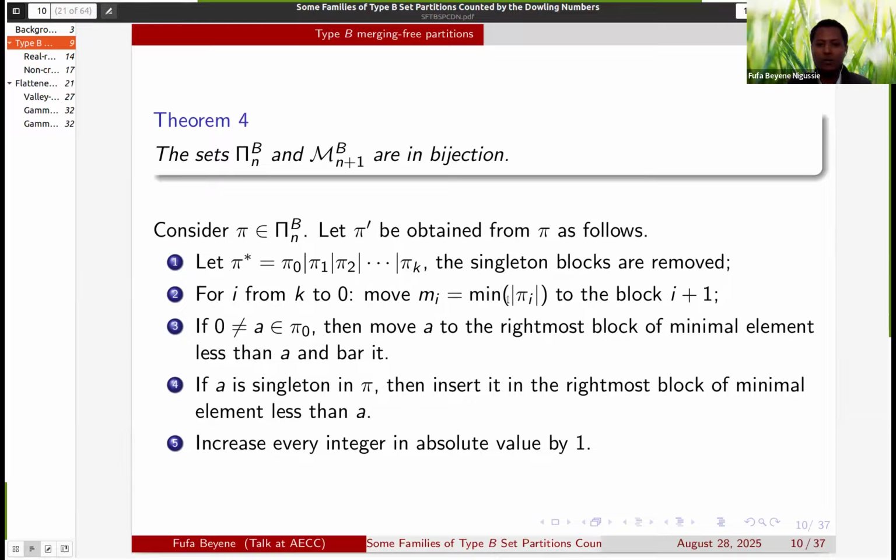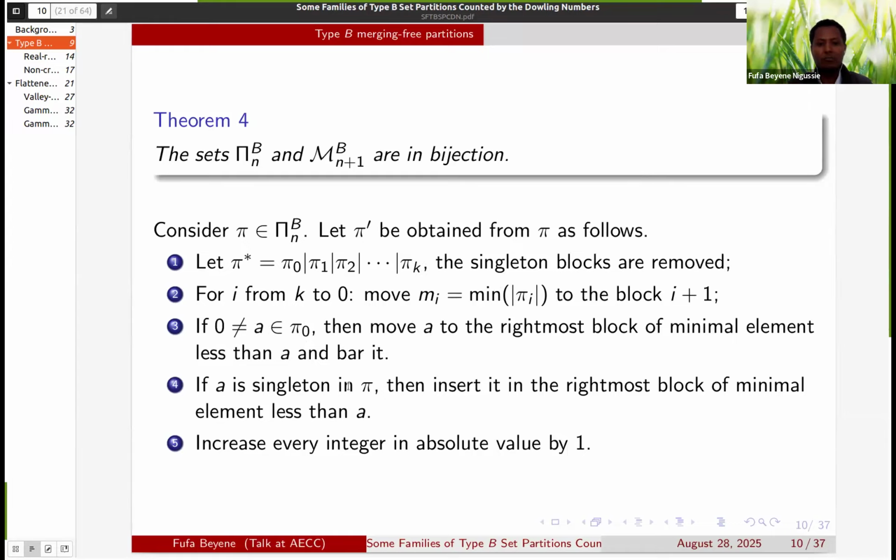In this case, we have to note that the minimal element of the last block will create a new block. The third step is that if you have a non-zero element a in the zero block, then move it to the rightmost block having minimal element less than a, and bar it.